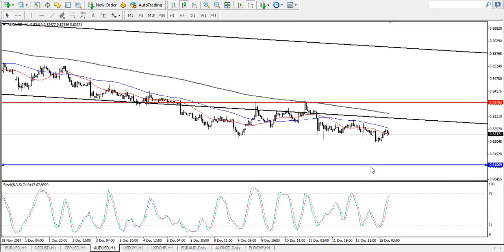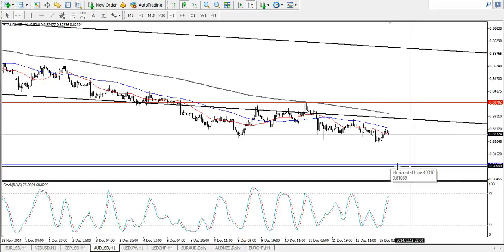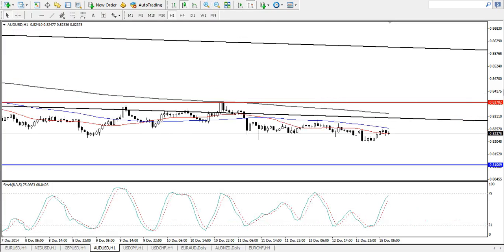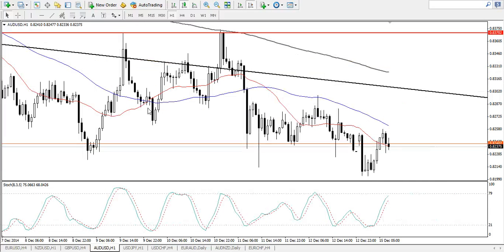Since price is yet to touch this final exhaustion level, we are still expecting price to fall even further. Right now it's still trading below all the three moving averages, so you can see the price may fall any sooner.